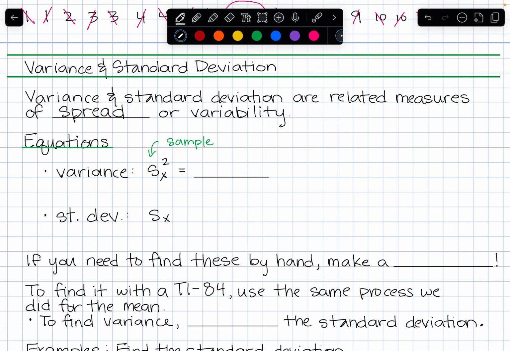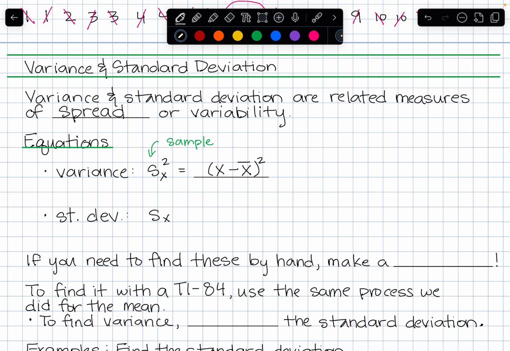So to calculate variance, the very first thing we're going to do is for every data value, take my data value and subtract the mean from it. And that quantity, data value minus mean, is called the deviation. How far is it from the mean? What is that deviation from the measure of center? We're then going to square that value.